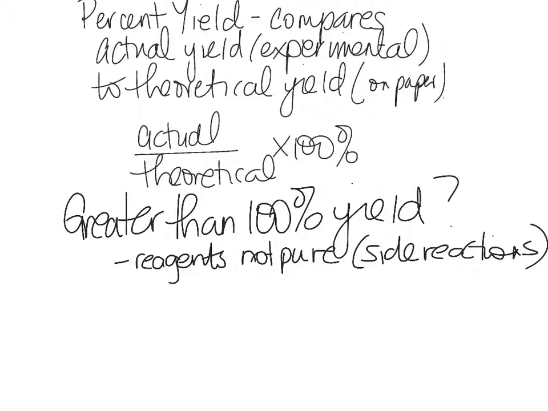We just did an example where we had aluminum in copper 2 chloride. We made copper and aluminum chloride solution. How would you actually mass the amount of copper that you made? You'd measure it on what? The scale or the balance, right?